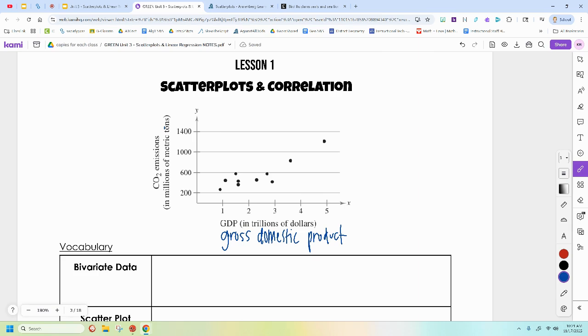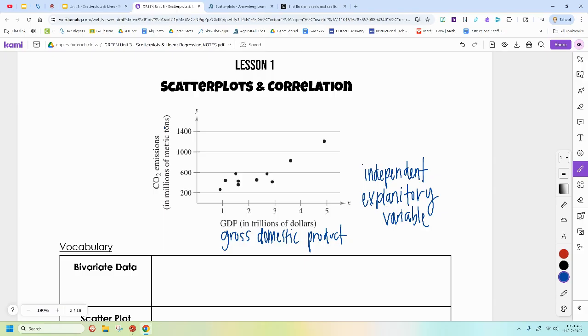Increasing. Okay. Now the GDP is on the x-axis, which in science and in math we sometimes call the independent variable. But we also call it the explanatory variable, because the GDP may explain what's going on with the carbon emissions.